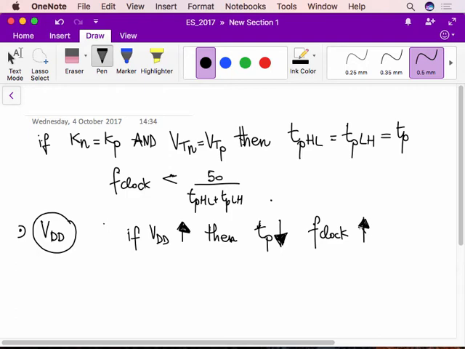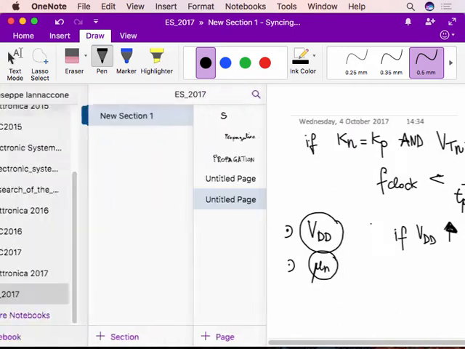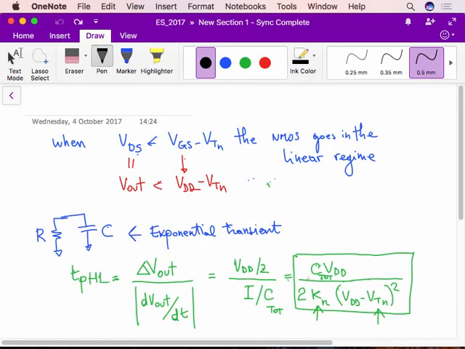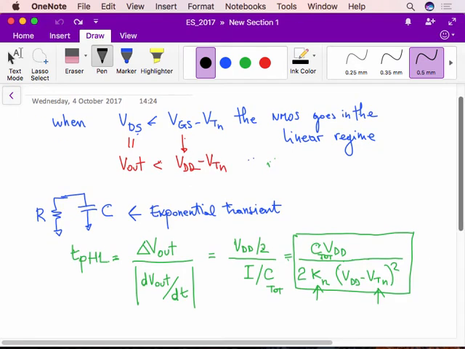Now the other issue is mu n, the mobility. In order to understand the mobility, you have to look at this expression where the mobility appears here. The mobility is in Kn. You remember that Kn is mu n times C ox times W over L. And of course, the mobility is down here.